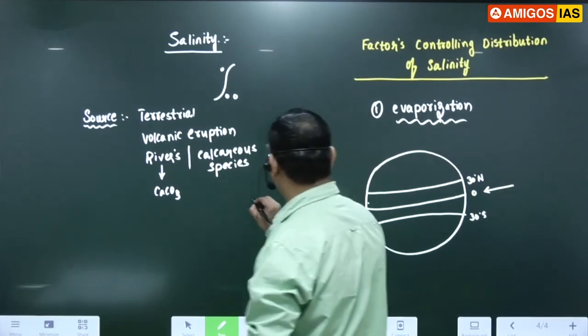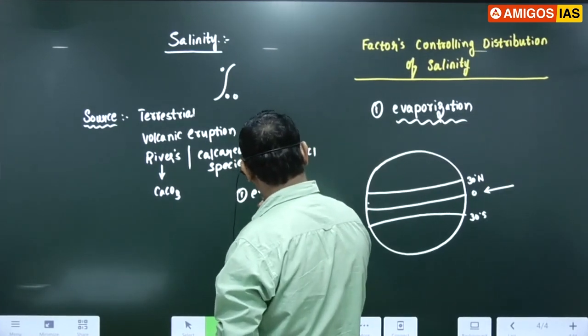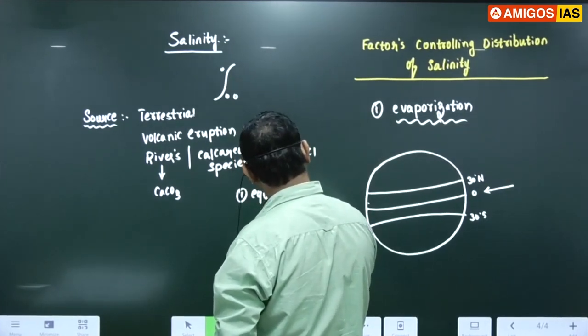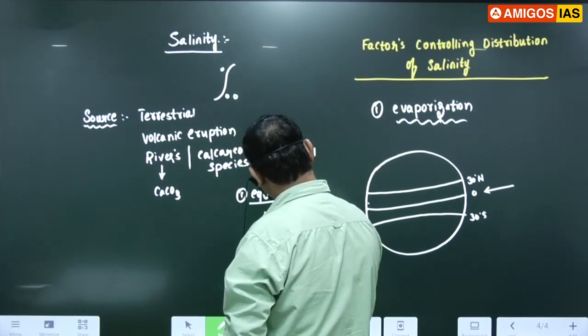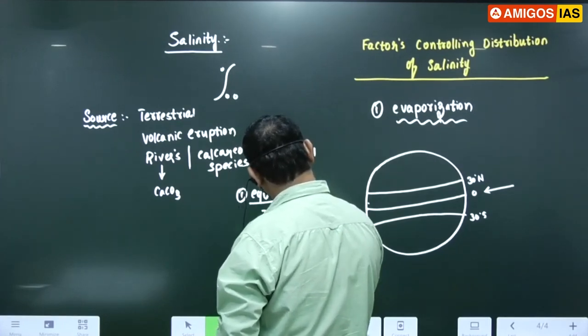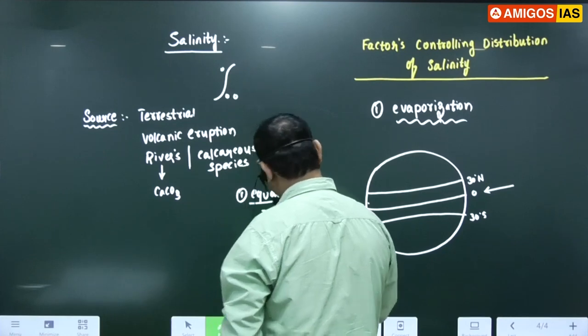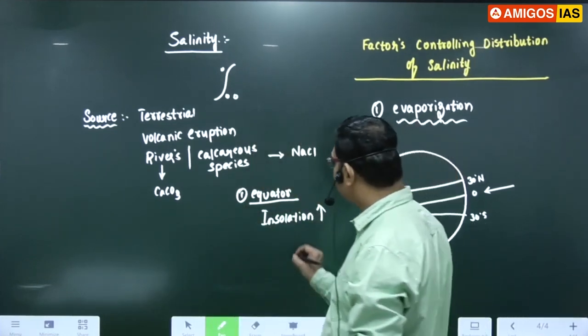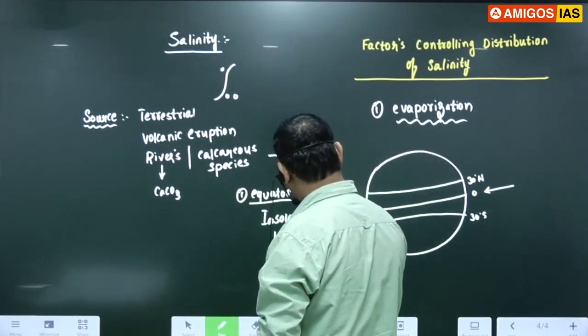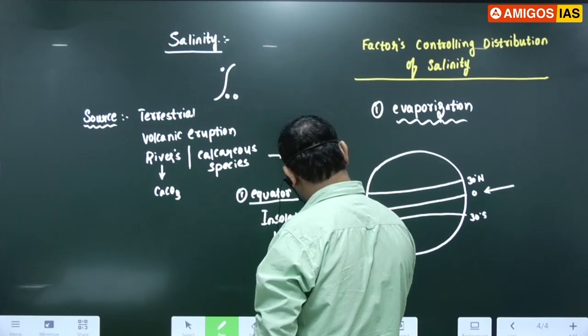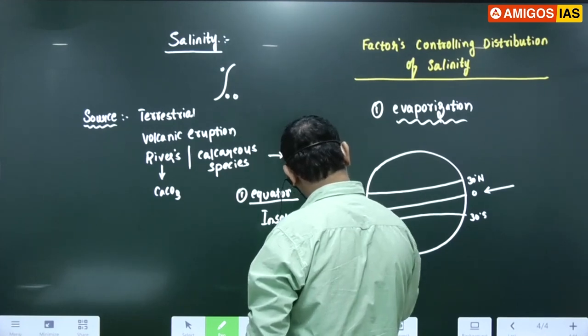First I will take the equator. At the equator insolation will be more. But cloudiness is also more.